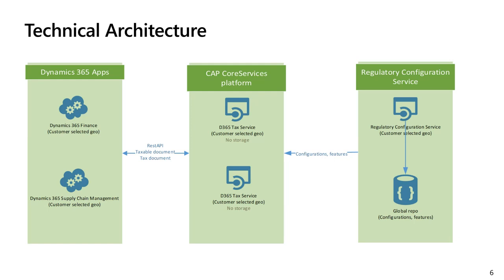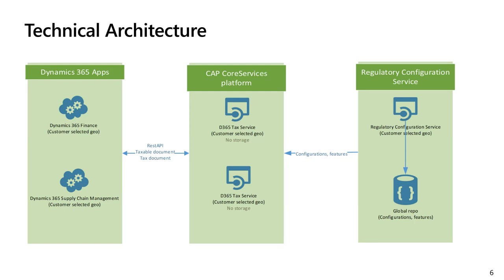From the data flow perspective, first of all, the user will do the configuration work inside the regulatory configuration service. First, create a configuration or modify a Microsoft existing configuration if the customer needs to run an advanced scenario or needs extensions. Otherwise, the customer can leverage the Microsoft delivered configuration directory.